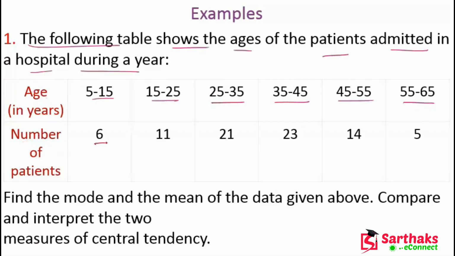And the number of patients are 6, 11, 21, 23, 14 and 5. Okay, this is the data. Now find the mod and the mean of the data given above. We have to find the mod as well as the mean, and compare and interpret the two measures of central tendency.